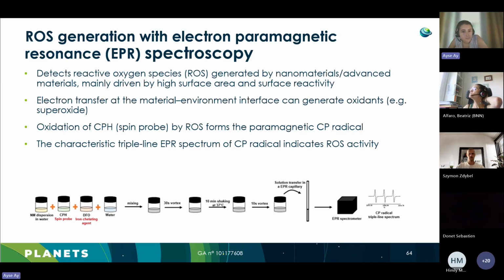Normally, these oxygen species are not visible, but then the spin probe traps them, and we can see the signal. From there, we can understand if there is an interaction with the surroundings of the chemical, and this is highly related to surface reactivity and the surface area of the chemical.